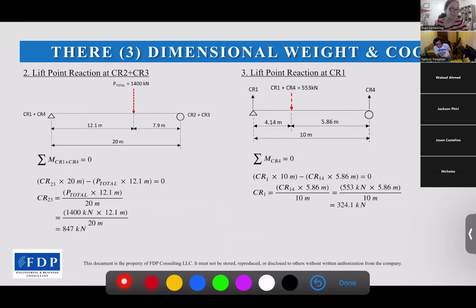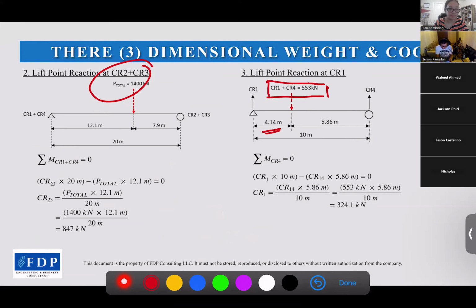So from that, we can find the lifting point reaction for each crane, crane 1 and crane 4. For crane 1 and crane 4, we will use the reaction from crane 1 and 4. For crane 2 and crane 3, we will use the reaction from crane 2 plus crane 3. So we start from crane 1. For crane 1, we will use the crane 1 plus crane 4 reaction here, 553 kilonewton, which is sitting at 4.14 meters from crane 1. It's exactly at the YCOG of the structure.